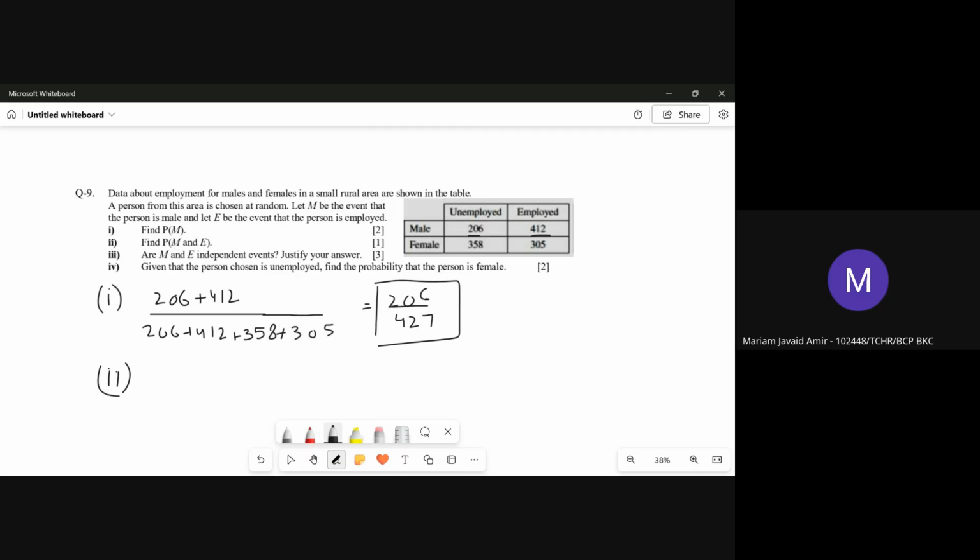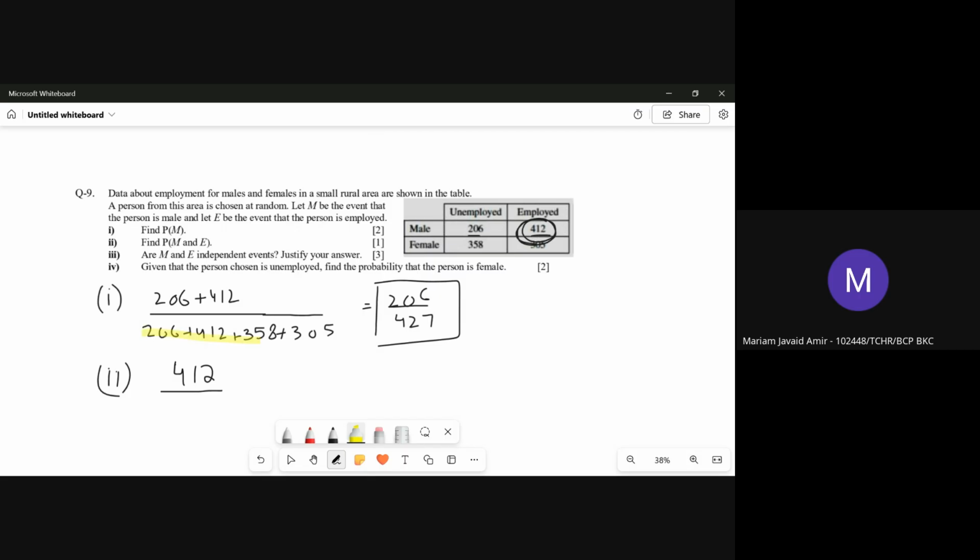Find the probability M and E. That means the person is also a male and also employed. So they're talking about this group, male and employed. So 412 divided by, we've already calculated the total here.